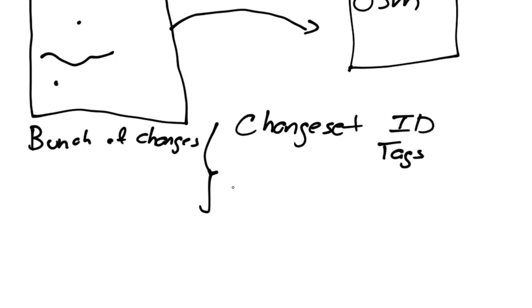And the most common change set tag is comment. Comment, that's an E. So that's our tag, and we will have some free text here about whatever that change was.